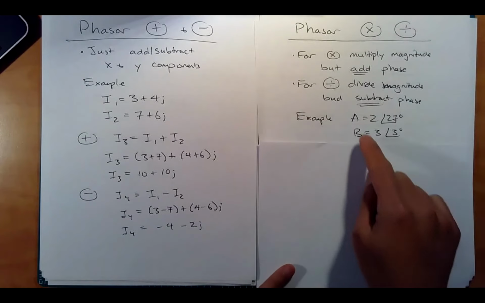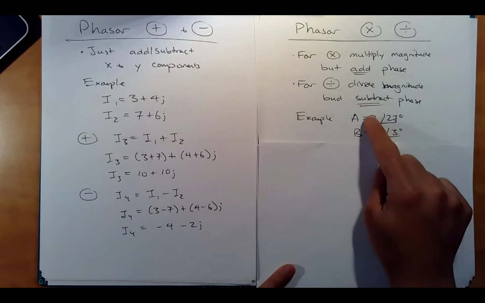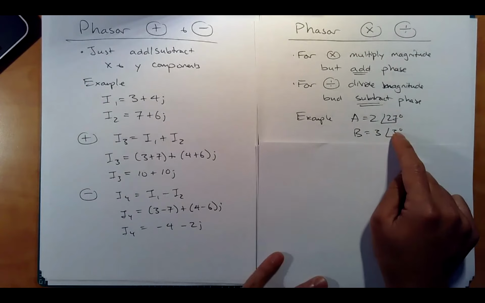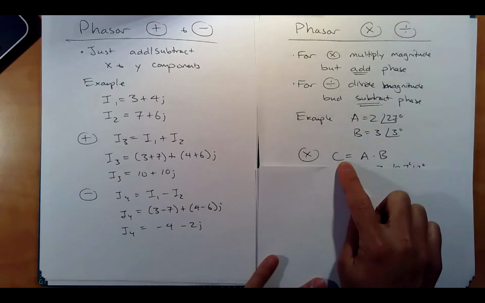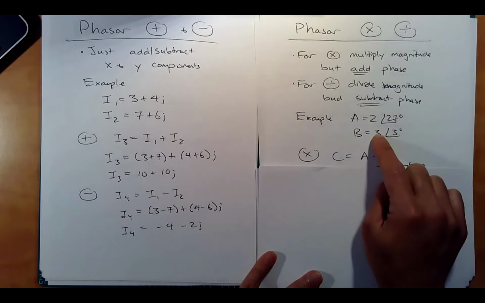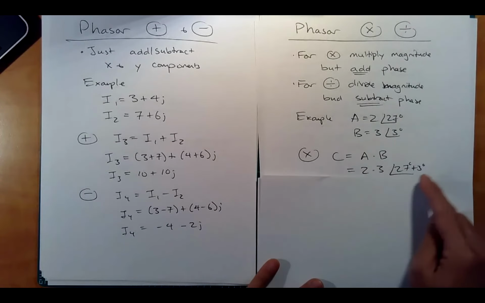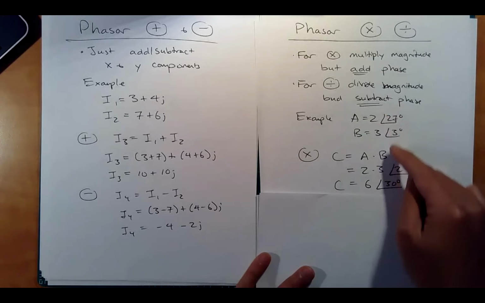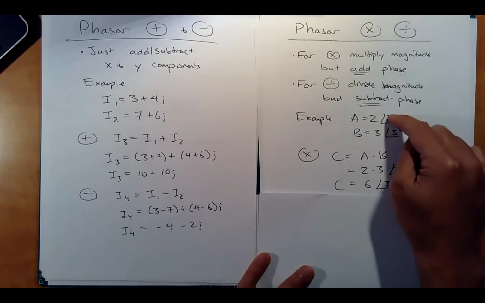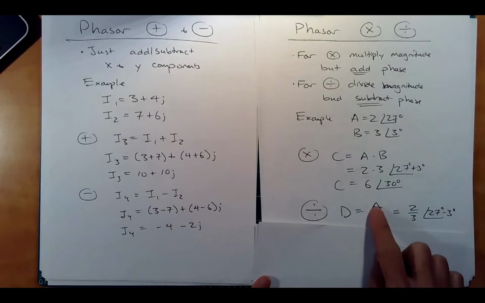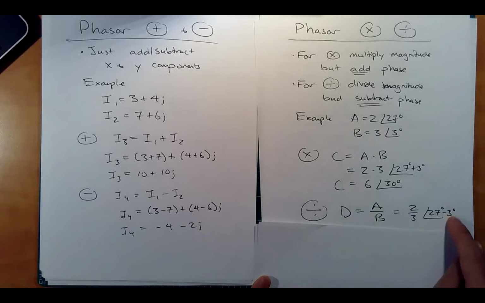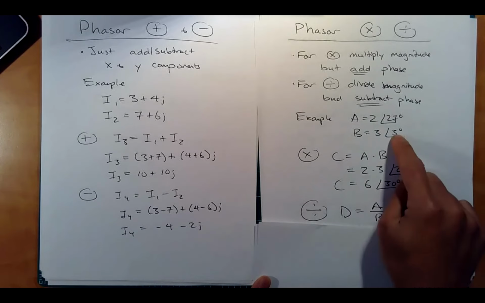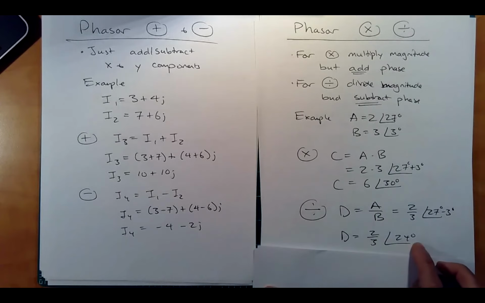So for example, if you had two phasors, A is 2 angle 27 and B is 3 angle 30, and I wanted to multiply them, I would multiply the magnitude, which is 6, but I would add the phase, which is 57. If I want to divide them, I would divide the magnitudes and subtract the phase. So I would get A over B, 2/3 and 27 minus 30, because B is in the denominator, and I get 2/3 angle negative 3 degrees.